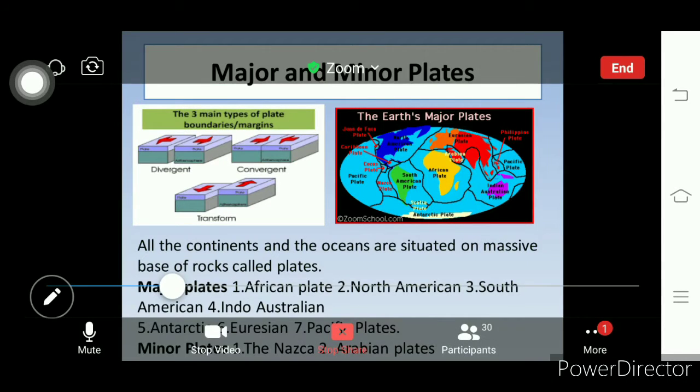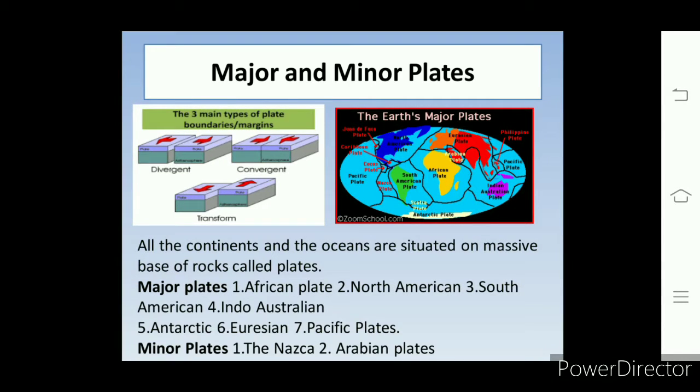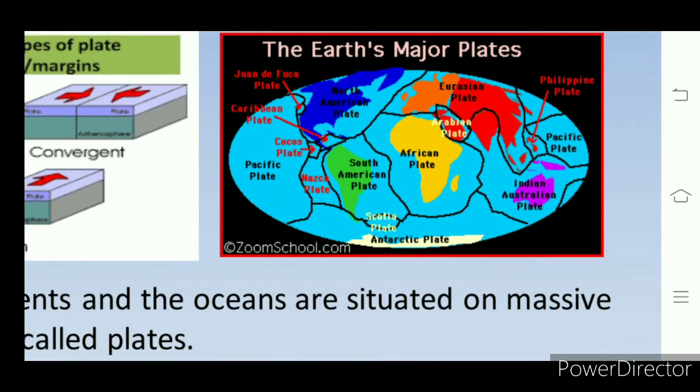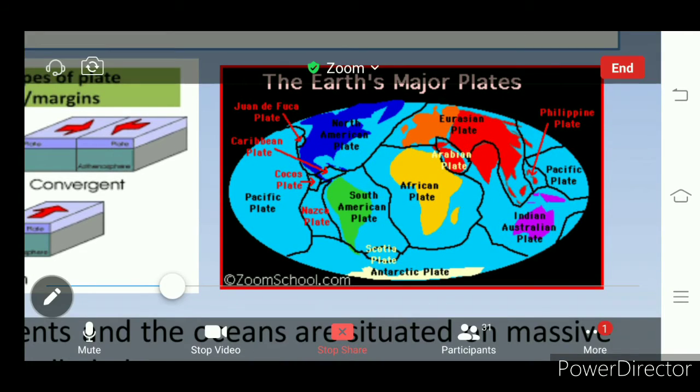There are major and minor plates on the Earth's surface. All the continents and oceans are situated on a massive base of rocks. Here, look at this slide.